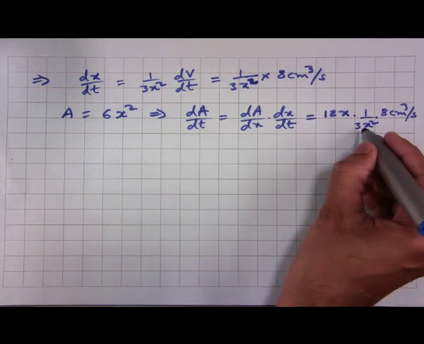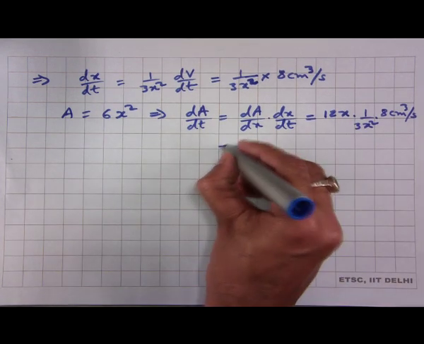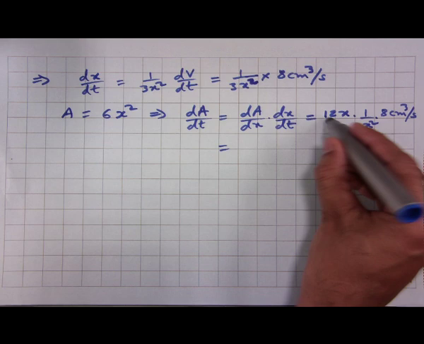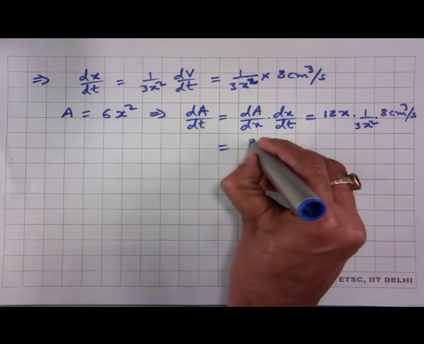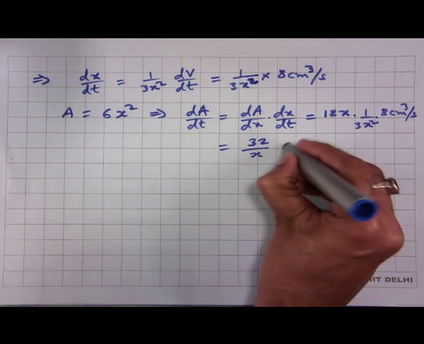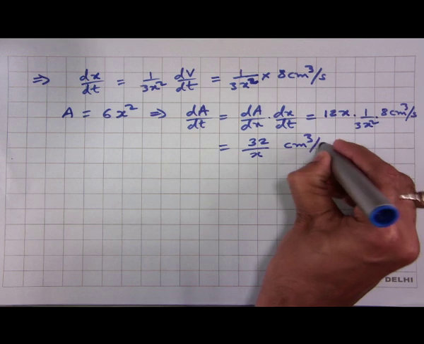So, this can be simplified and we get, x cancels and 12 by 3 is 4. So, this is 32 divided by x centimeter cube per second.